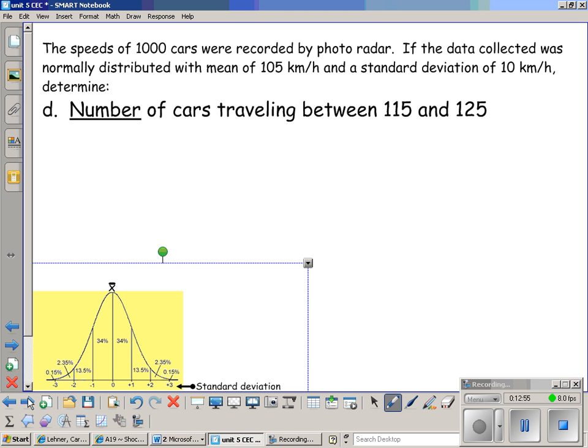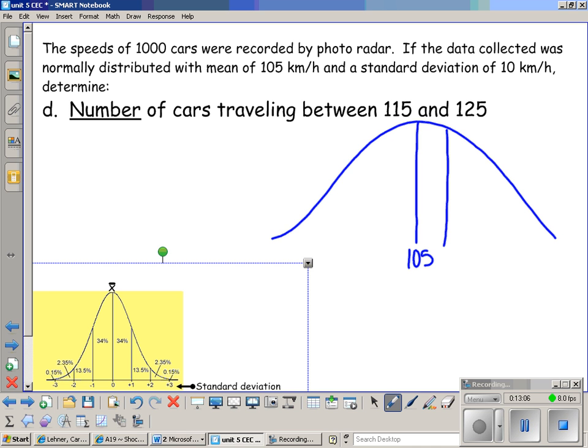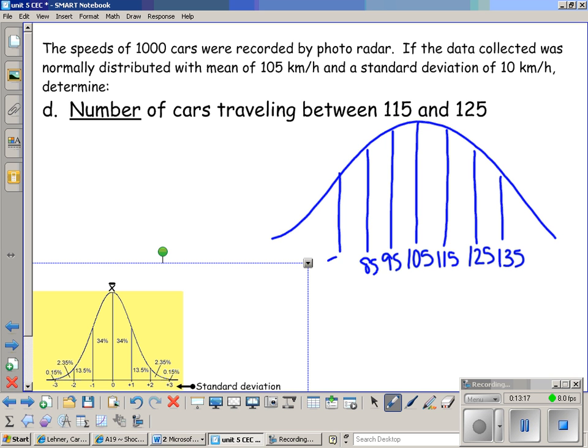Same question, this time we want the number of cars between 115 and 125. So you've got your normal distribution, 105 is your mean, add your standard deviations 3 times, subtract your standard deviations 3 times. We want the values between 115 and 125. So here was our mean.